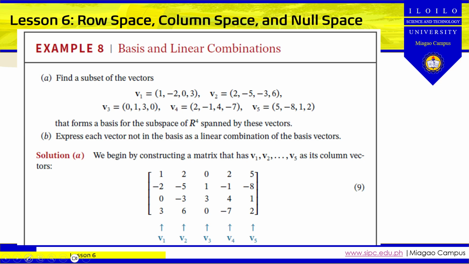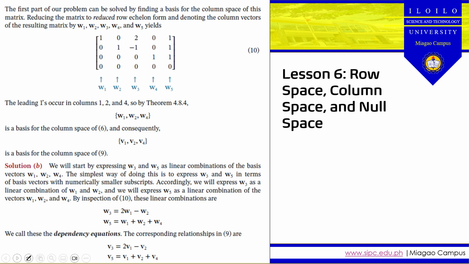We begin by constructing a matrix that has v sub 1, v sub 2, and so on as its column vectors. For the first part of our problem, we reduce the matrix to REF or RREF, denoting the column vectors of the resulting matrix by w.